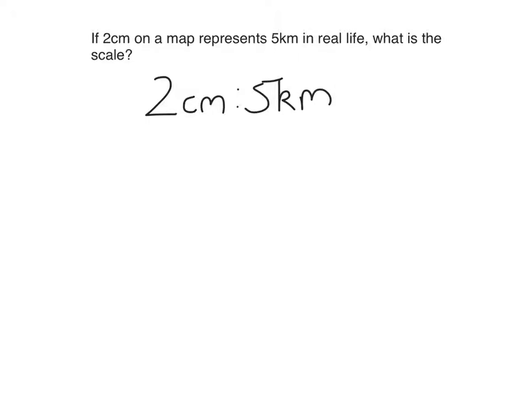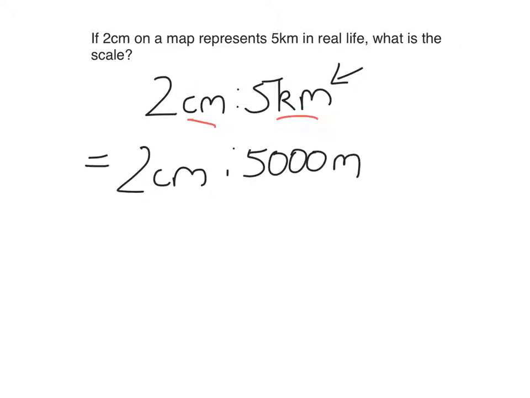Now the problem we have here is that there are different units. So what we do is we get them to the same units and then we can just get rid of the units. So I'm going to convert the 5 kilometres here into centimetres. So this is the same as 2 centimetres to, well, 5 kilometres is obviously 5,000 metres.